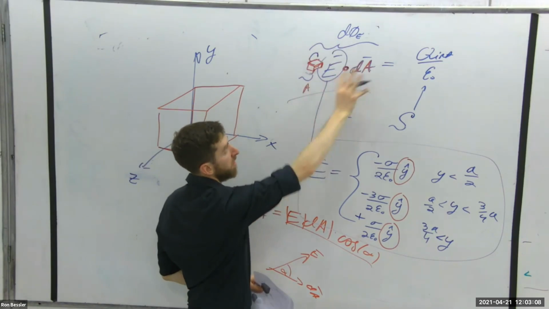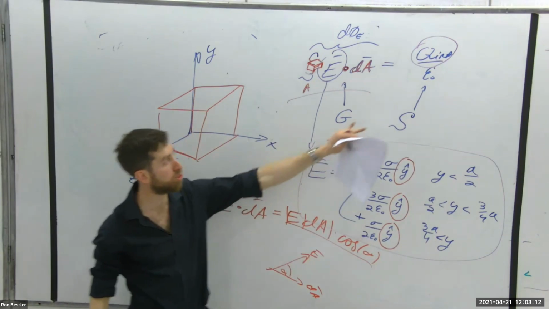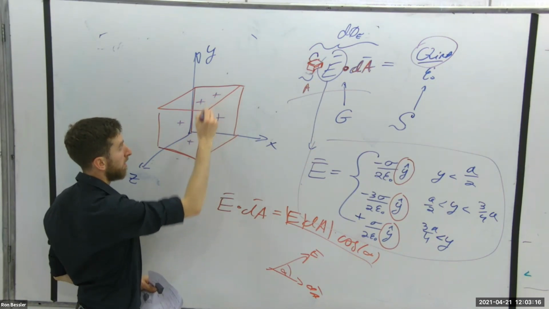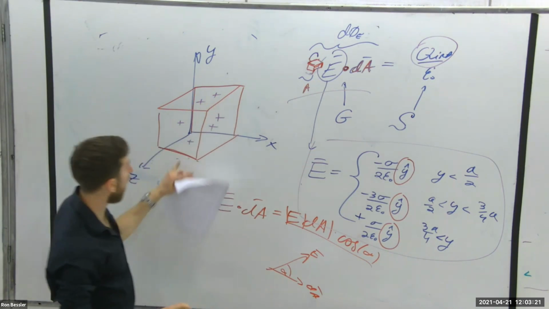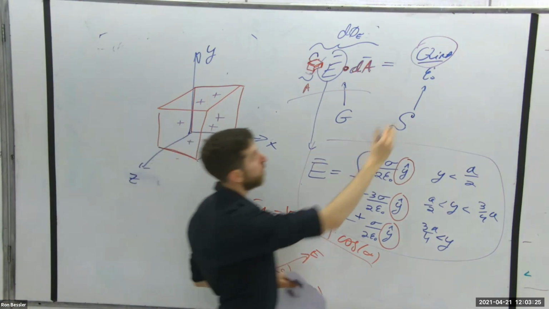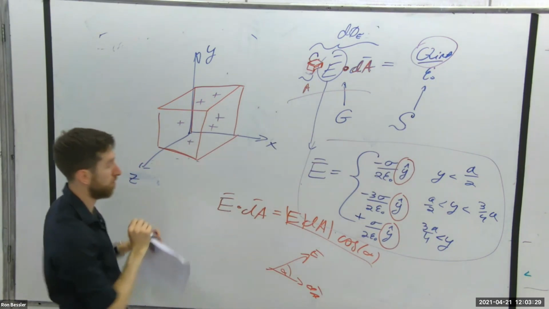If you can calculate this side, I promise you it is equal to the charge inside. I don't know what's going on inside, how crazy the party is there, or how the charge is distributed, but I can tell you for sure the total charge inside this imaginary box.